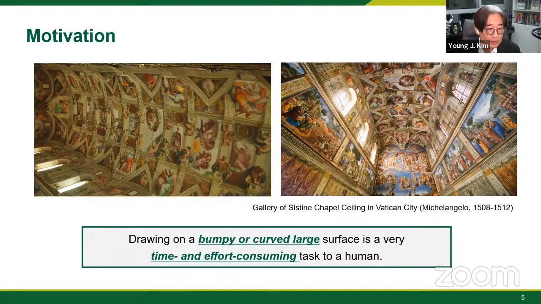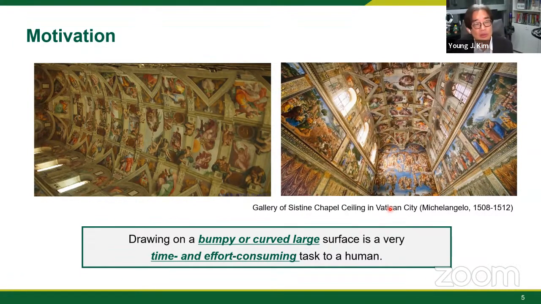As you can imagine, if you ask a human to draw such a complicated drawing on a really large wall, or even worse, on a bumpy, non-flat curved large wall, it would be really difficult and time-consuming. For example, in the Sistine Chapel, Michelangelo took almost 4 years to complete this.